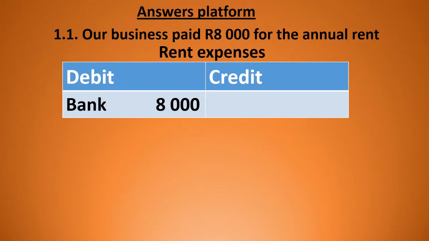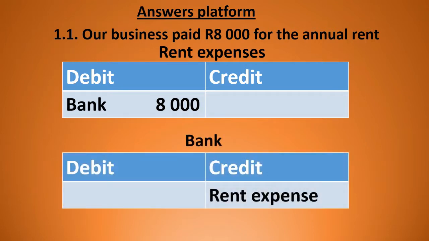And then on the double entry principle, we are going to credit bank on the credit side, since our bank account has decreased, with 8,000 that goes into rent expense.